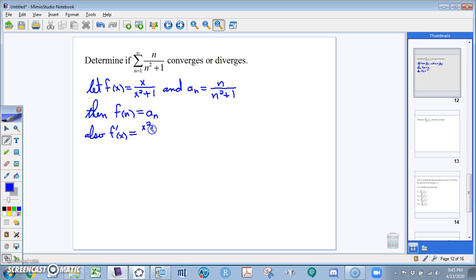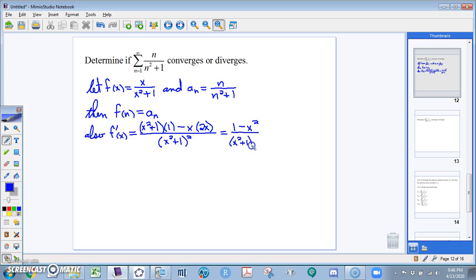So the derivative on that: low d high less high d low, just 2x. Draw the line down below, denominator squared will go. So if I look at the derivative here, that gives me 1 plus x squared minus 2x squared, which is 1 minus x squared, divided by x squared plus 1 quantity squared.